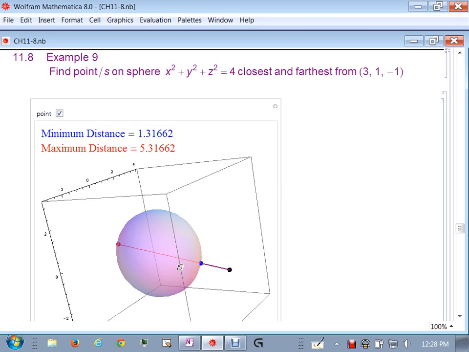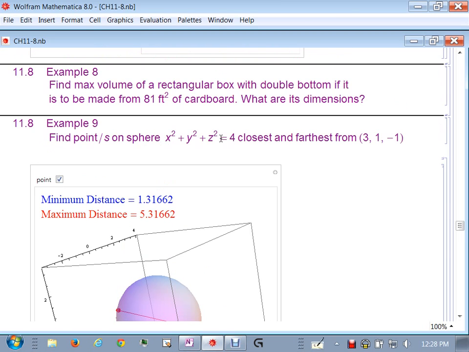That means that this equation right here is our constraint. The thing we're trying to find the maximum and minimum of is the distance between that point and any point in three-dimensional space. That's our function we're trying to optimize.